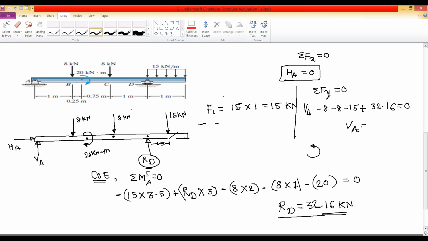So you can find out the VA. Reaction VA is minus 1.16 kilonewton, that is, VA is equal to 1.16 kilonewton in the negative y direction.